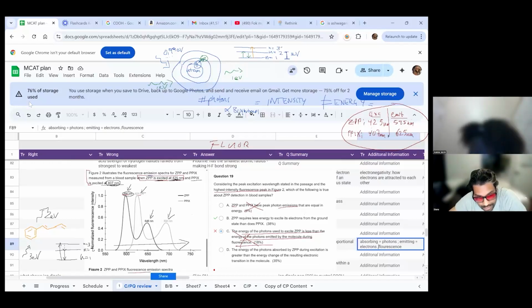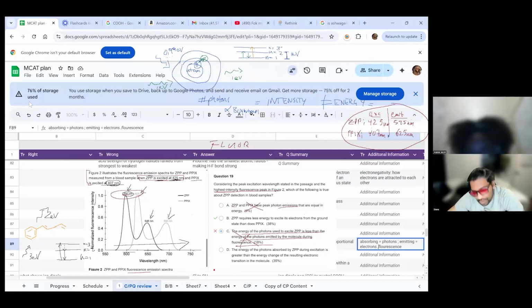We're not going to see a 425 or a 407, but they're telling us that these peaks correspond to the highest, and there are two possibilities for fluorescence peaks here. In this question, they're just telling us to look at the highest intensity peaks. So we're comparing it to that one, these two, just for this question.